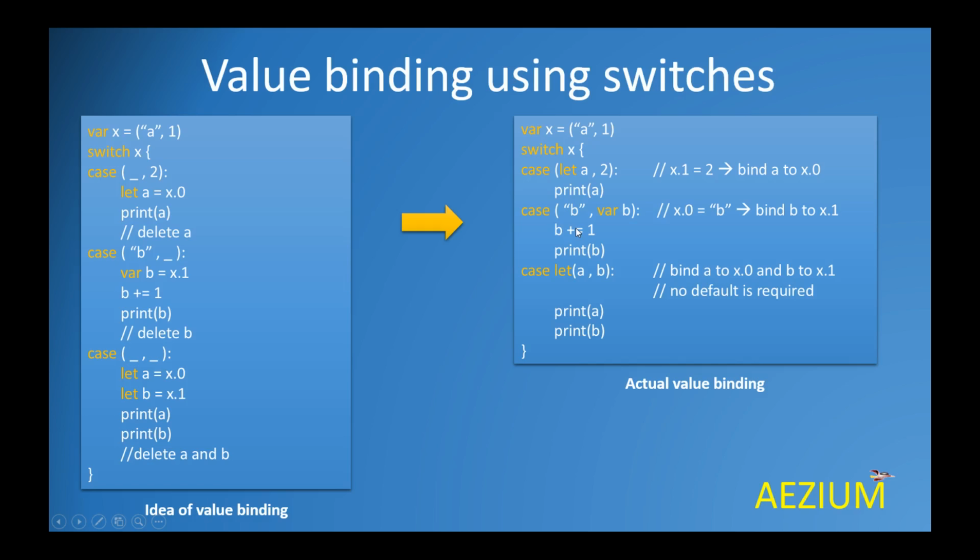In the second case, what we do is we move this var b and put it in the second position. Again, the second position is used because this is assigning the second element of the switch parameter x to b. So we put var b in the position of the second element of our tuple, and the rest of the code remains there.